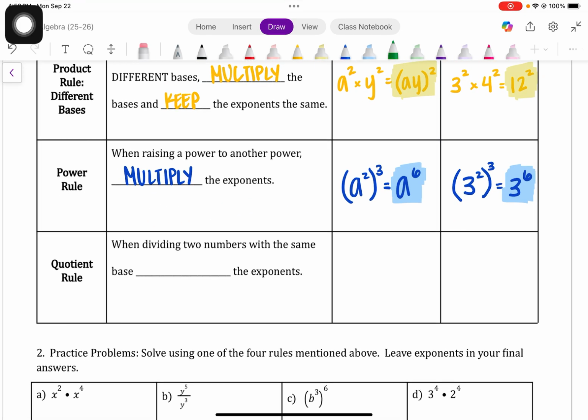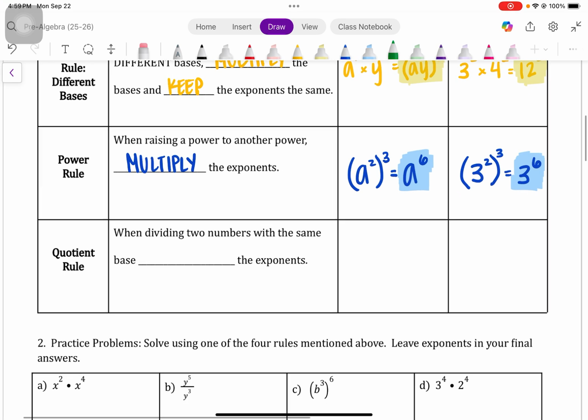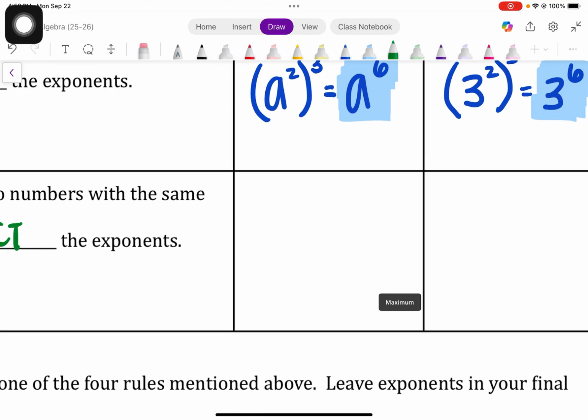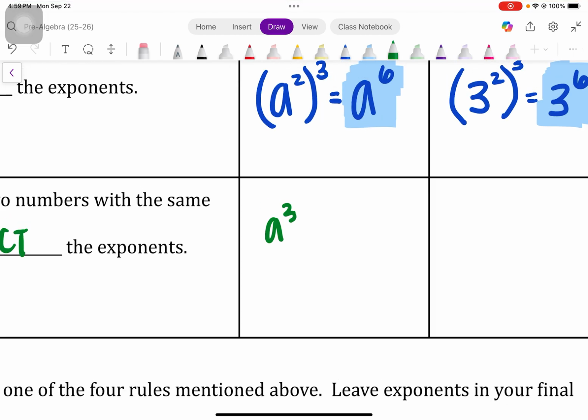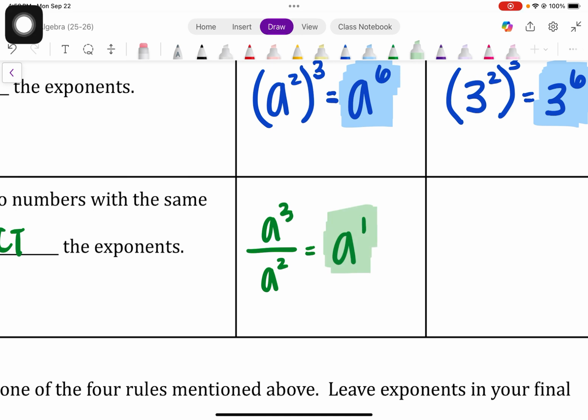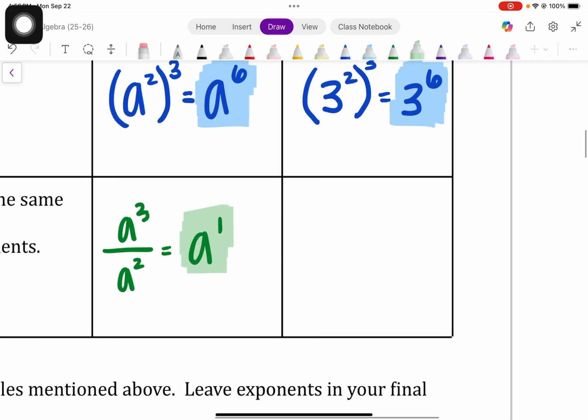And then last but not least, when dividing two numbers with the same base, we subtract the exponents. So that would look like a to the third over a squared would be a to the 1. So we subtract the exponents. 3 minus 2 is 1.